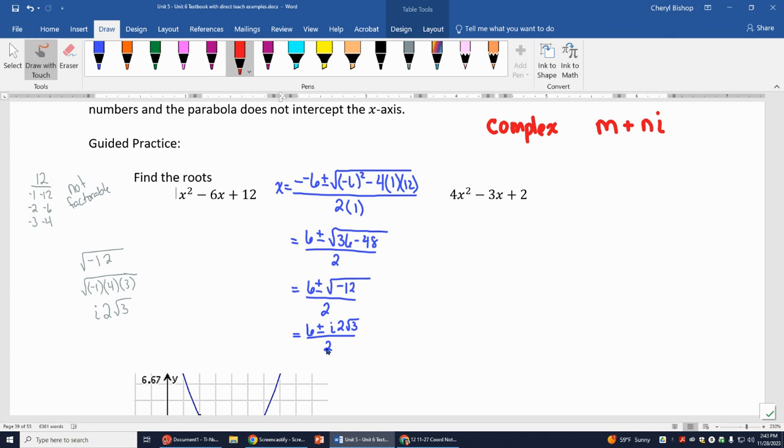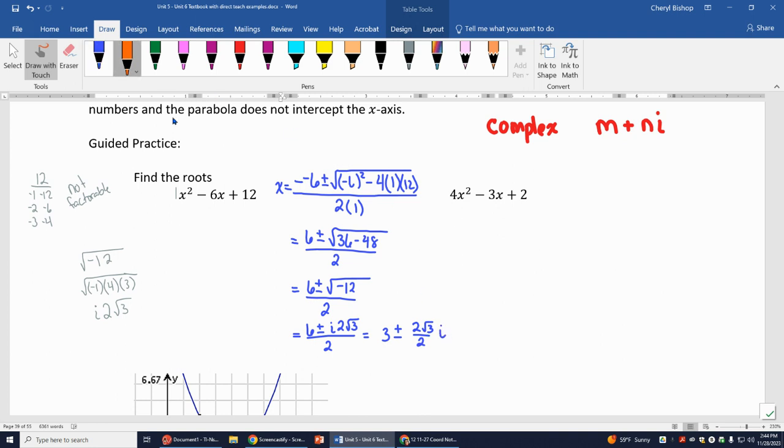Okay, so I'm going to split this into the two fractions that it is. So when I split it, I'm going to have 6 over 2, well that's just 3, plus or minus, and then this i is going to go on the end. So I'm just going to think about 2 square roots of 3 over 2, and then that i is going to go to the end.